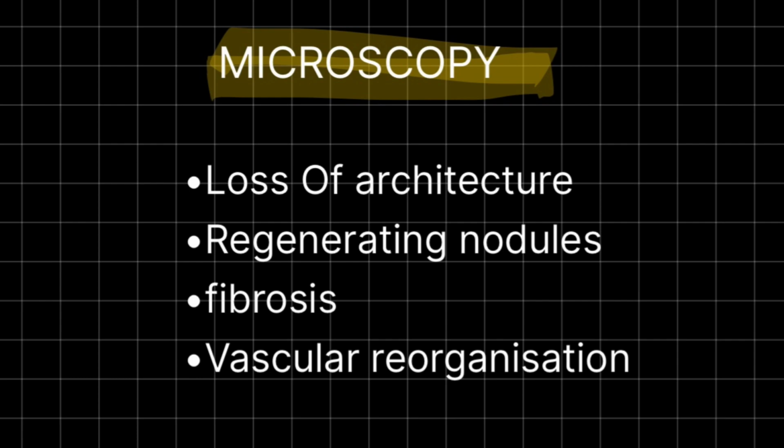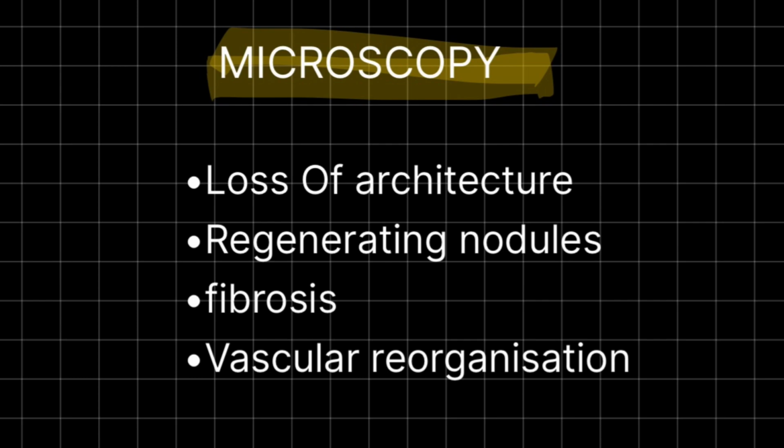Talking about the regenerating nodules, we have already discussed the nodules. That is, first they form micronodules, then they form macronodules, and finally there will be mixed nodules. Talking about the fibrosis, it is initially delicate and extends through the sinusoids from central to portal regions as well as from portal tract to portal tract.